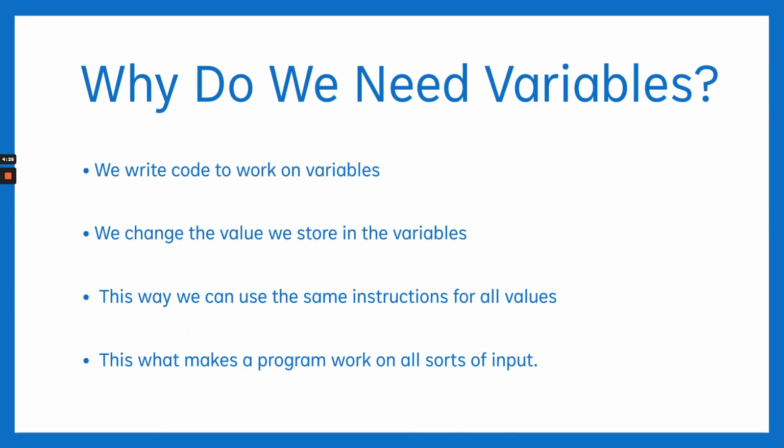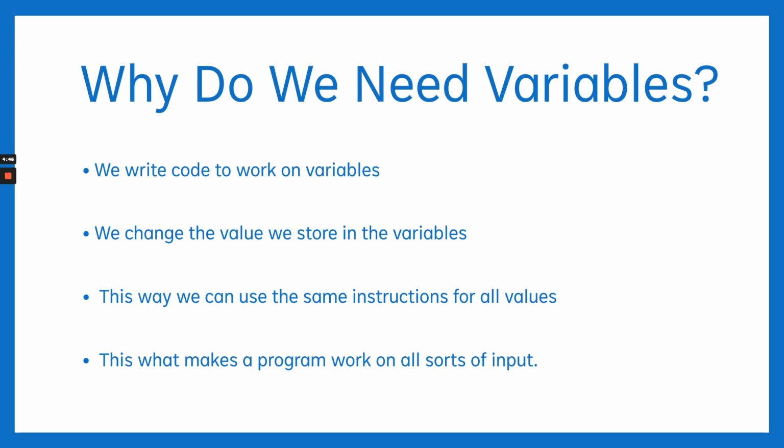Now let's go back again and make sure that we really understand why we need variables. So we write a piece of code. Code is nothing but a bunch of instructions which tell the computer what to do. Most of the time you tell the computer what to do with some data.